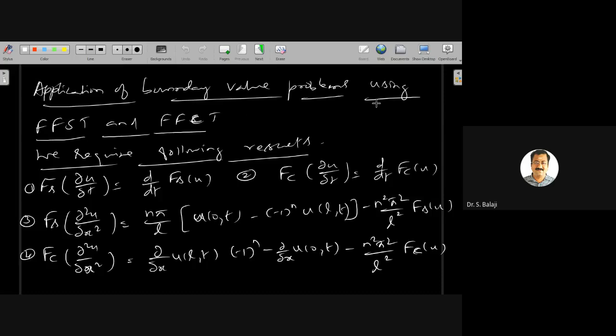Application of boundary value problems using finite Fourier sine transform and finite Fourier cosine transform. For that also, you have to consider the following results here.